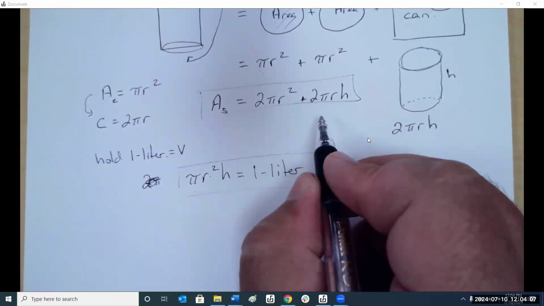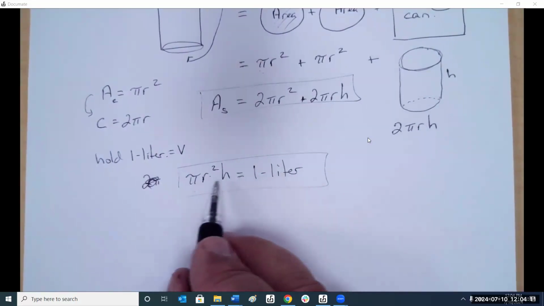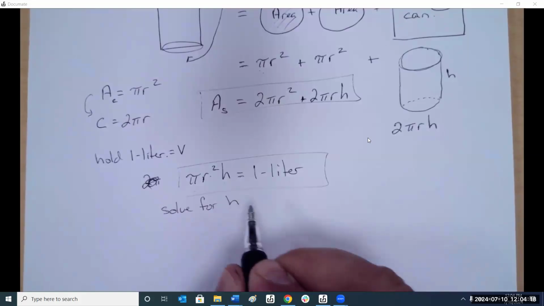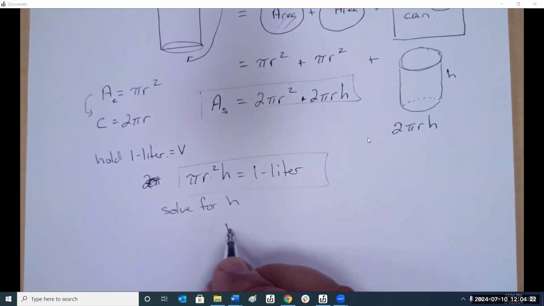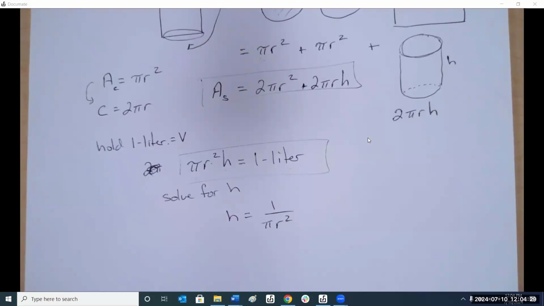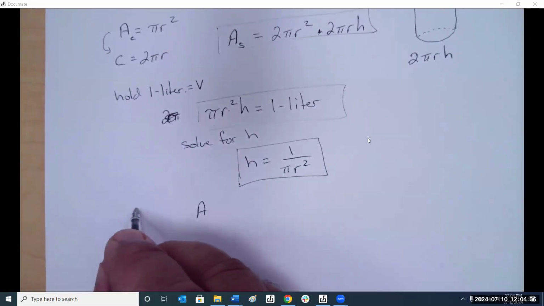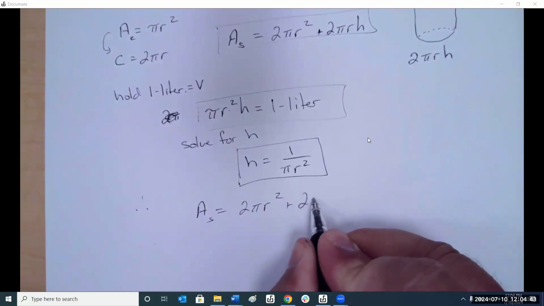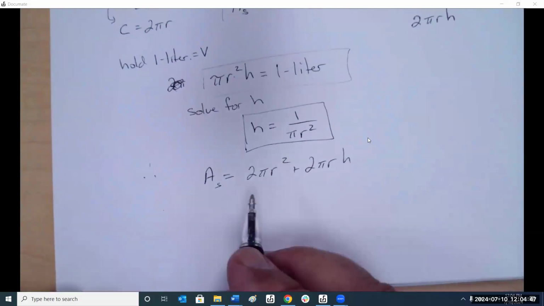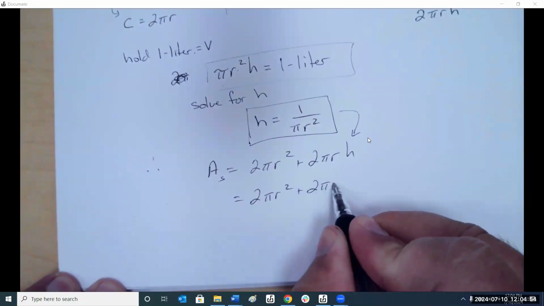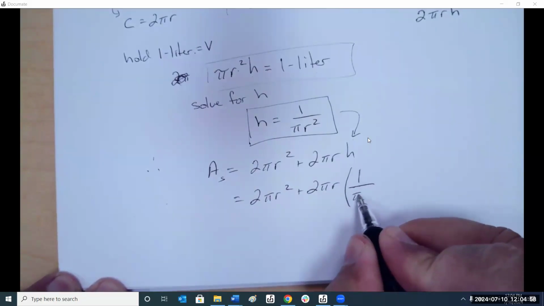R is the variable that changes. We have h is equal to 1 over pi r squared.